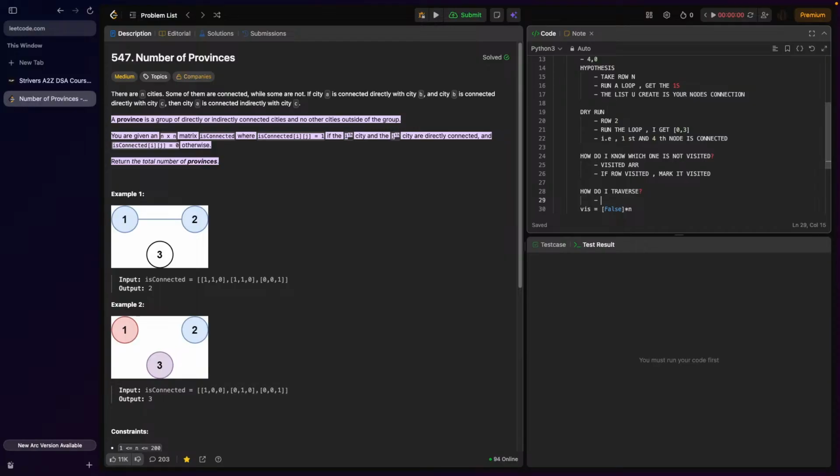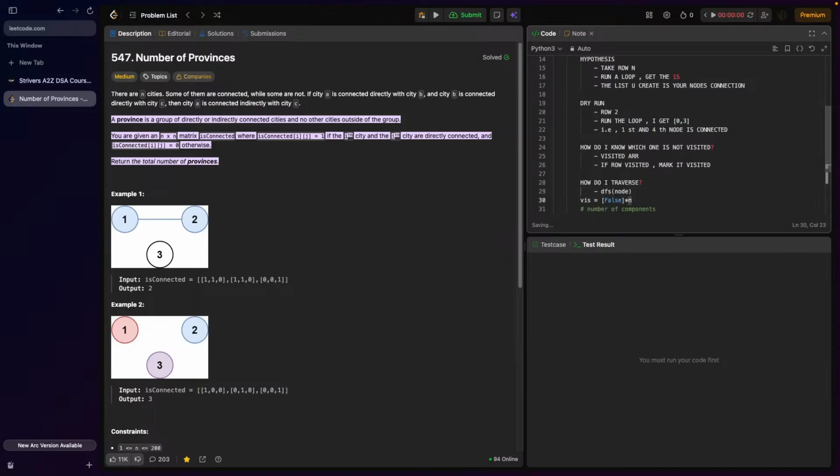According to me, create a function like that, and you have to pass the row number, so that's basically a node. Now what should this DFS function do?